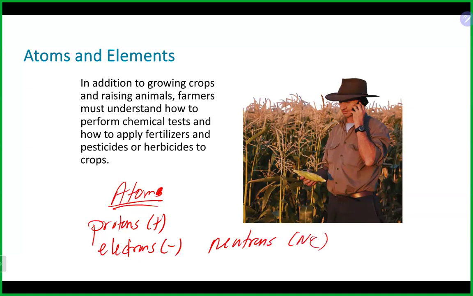So the elements on the periodic table behind me are each an atom of that particular element, and they have protons, electrons, and neutrons. All elements have protons, electrons, and neutrons, except for hydrogen. Hydrogen only has a proton and an electron and does not have a neutron, but all other elements pretty much have all three of those things.